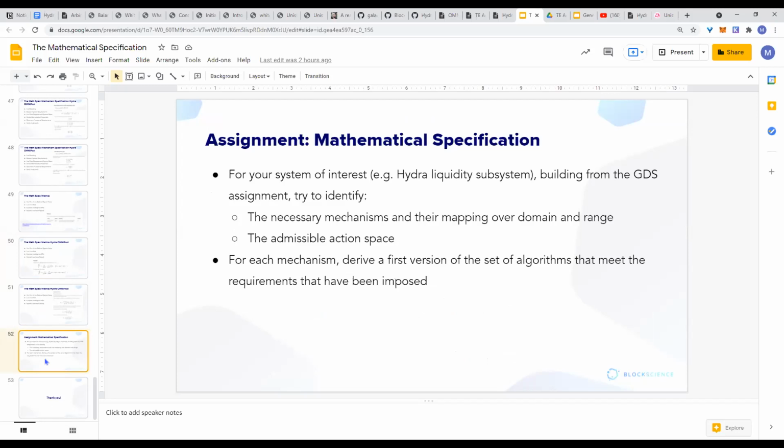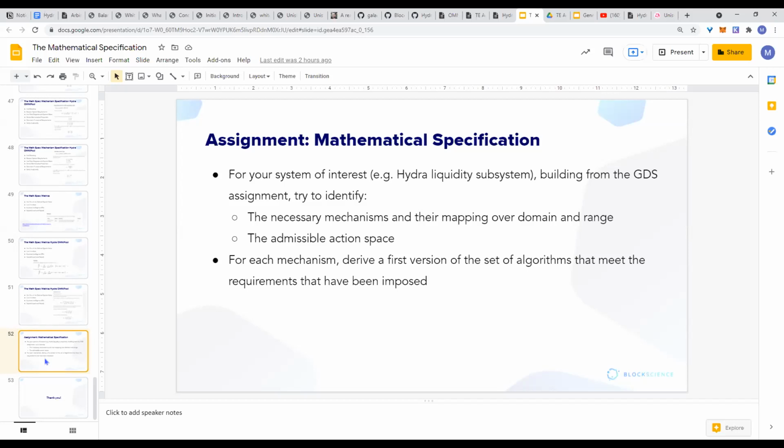So we're hoping to build from where you guys have been going, and from the system map to starting to think about it as a GDS, like getting an idea of your state, and taking the next couple of steps in how you could go from the system map and the GDS to building a math spec.